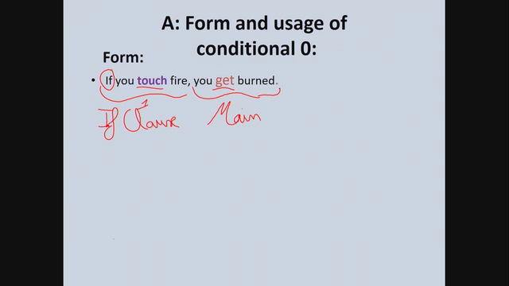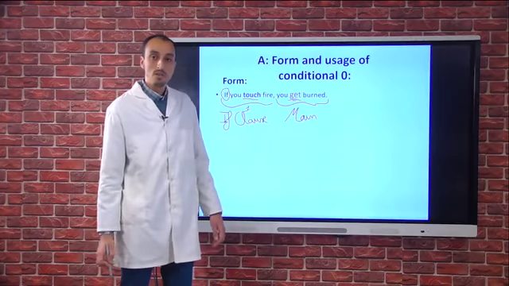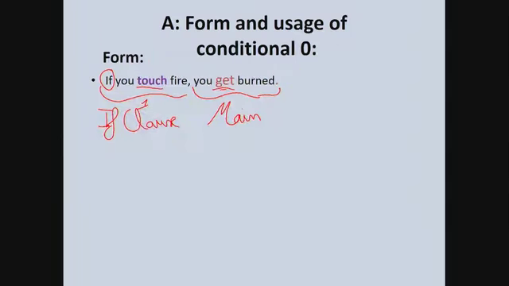It is conjugated in the present simple. Excellent. So let's move to talk about the rule. Can you guess the rule? Try to guess the rule as I clean the whiteboard.